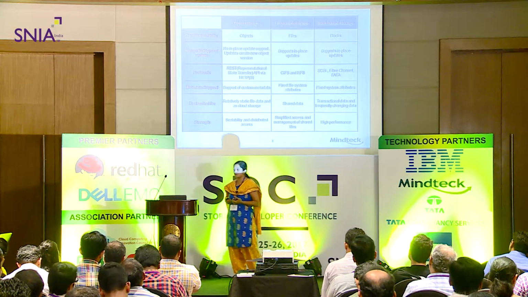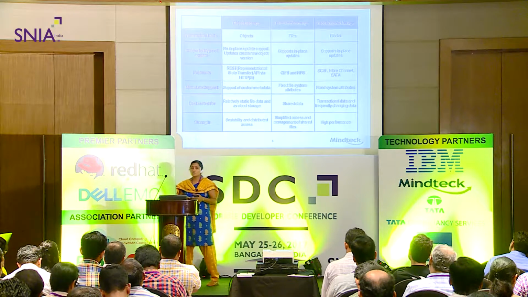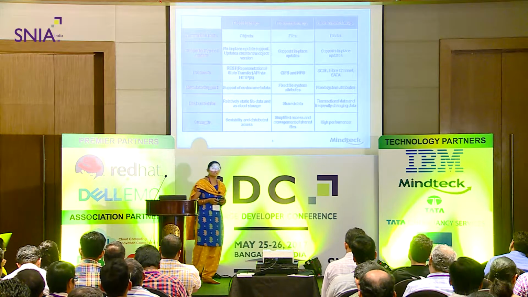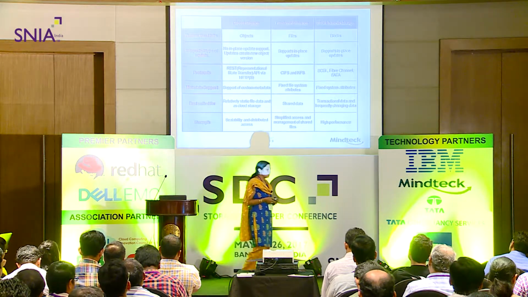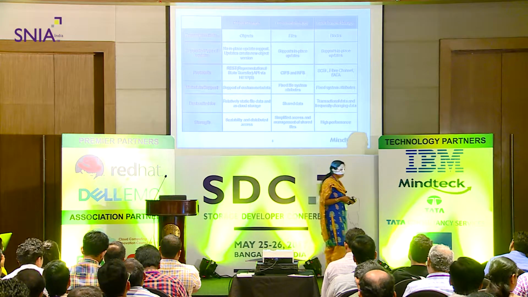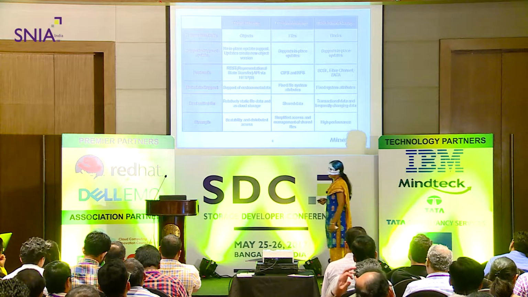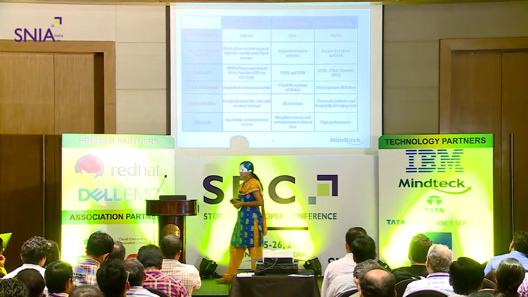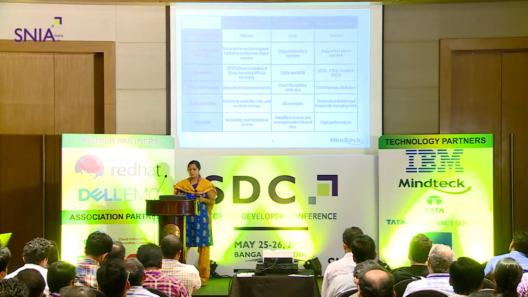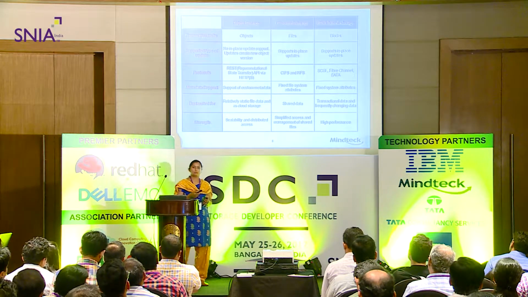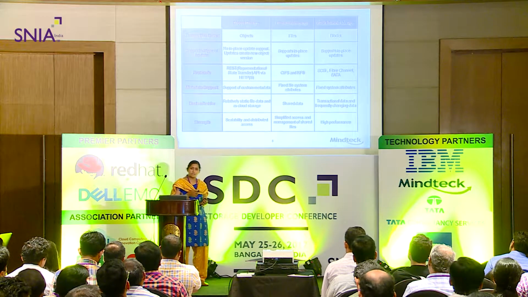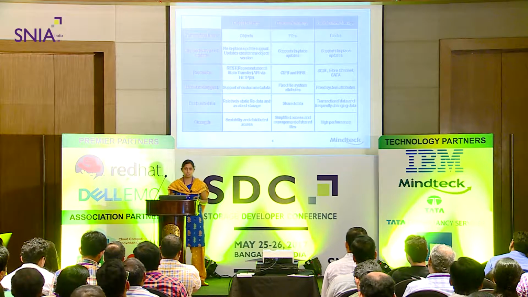When it comes to block storage, it has very good performance because you are storing the frequently accessed data. These are some of the measures using which we compare the traditional storage with respect to the object storage.